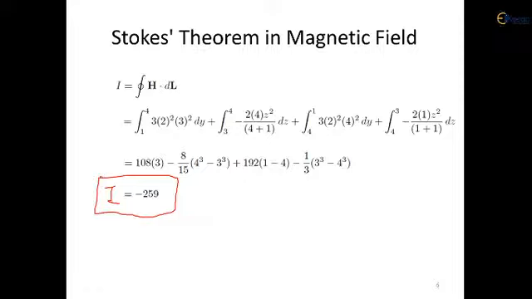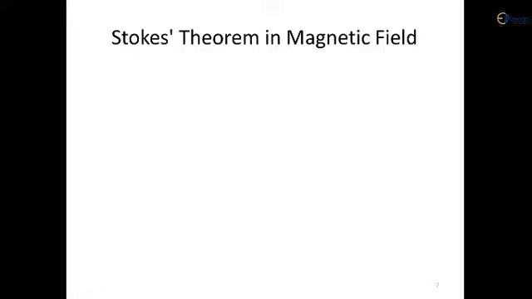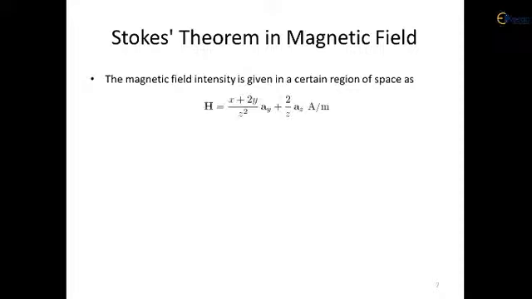After this problem statement, we are going to solve one more problem for practice. So here we see another problem statement that starts with: the magnetic field intensity is given in a certain region of space as, here again the magnetic field intensity vector is described in terms of the rectangular coordinate values.